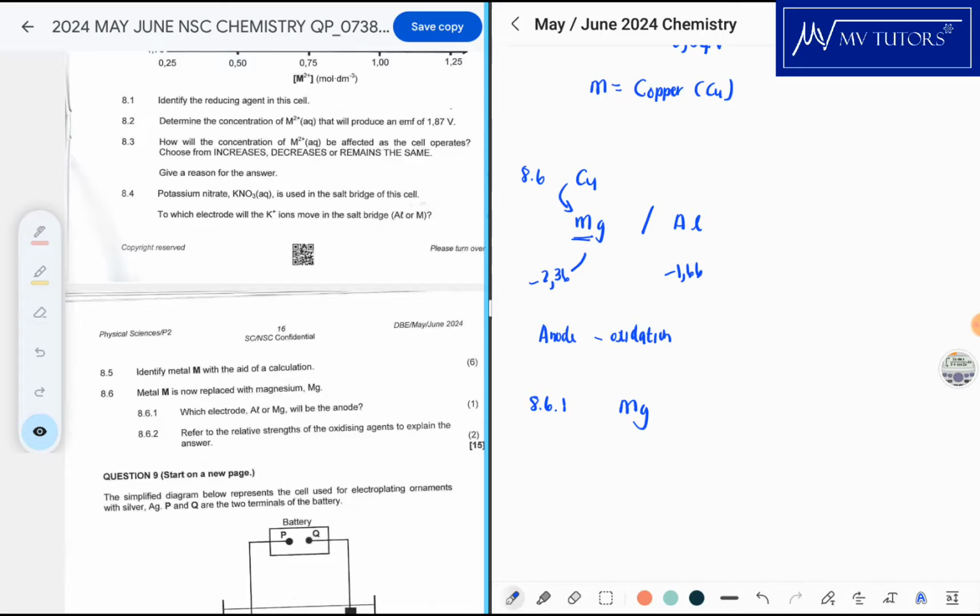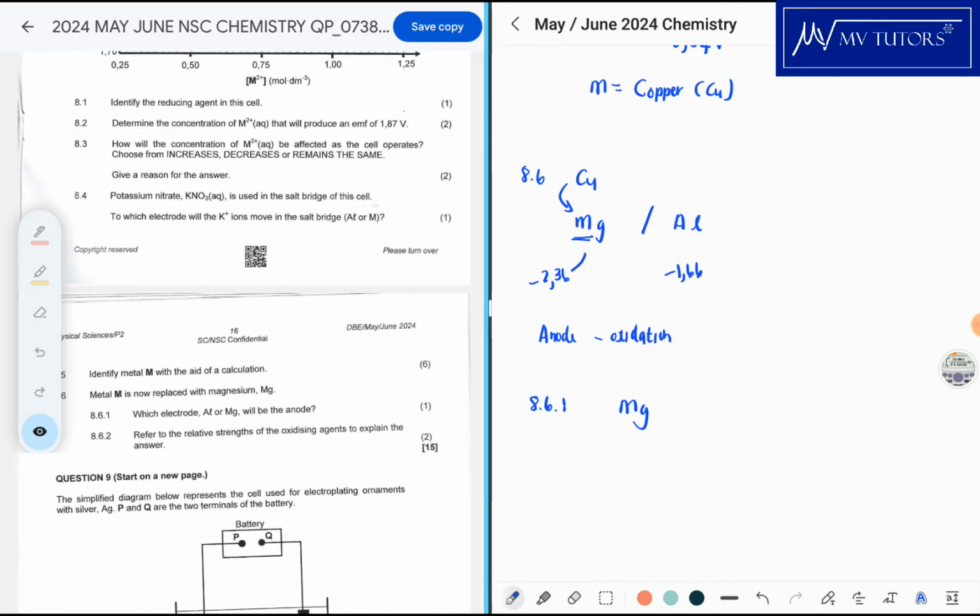Okay, and then we can say what? Which electrode will be the anode? Magnesium. And then 8.6.2, refer to the relative strengths of the oxidizing agents to explain the answer. So like I said, magnesium is negative 2.36, whereas aluminium is negative 1.66 volts. So magnesium, being the anode, oxidizes better.